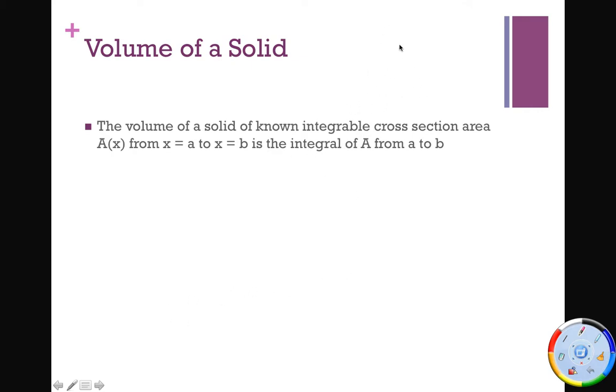So if you had a cross-section and you knew how to find the area of that cross-section with some formula from A to B, that means we can take the integral from A to B of our function. So the integral from A to B of our area function with respect to x, dx, is equal to volume.